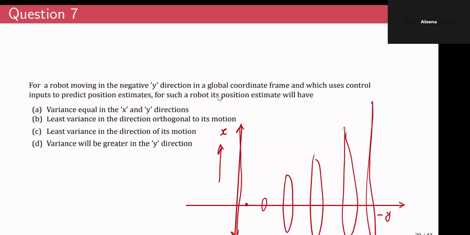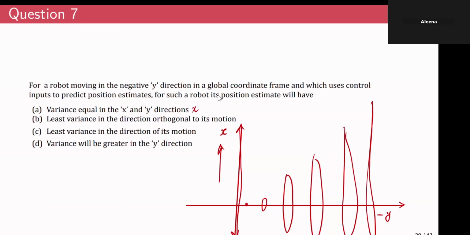The first statement says variance is equal in x and y directions. But as you can see, how that covariance matrix evolves, it's not equal, right? There is low variance along the y direction and high variance along the x direction, right? So equal variance is not an option.